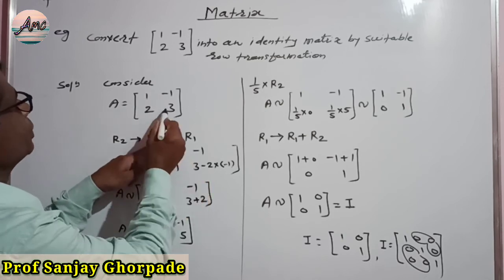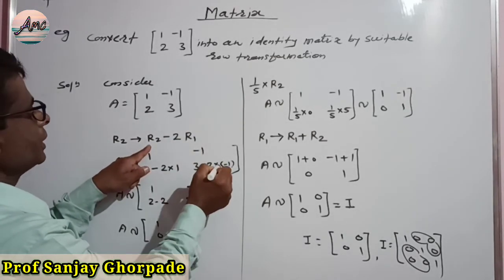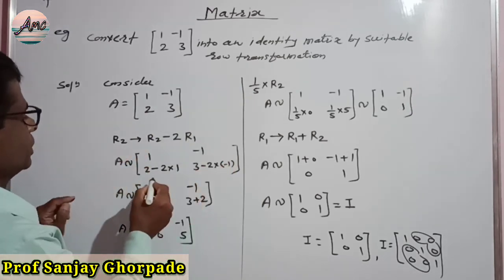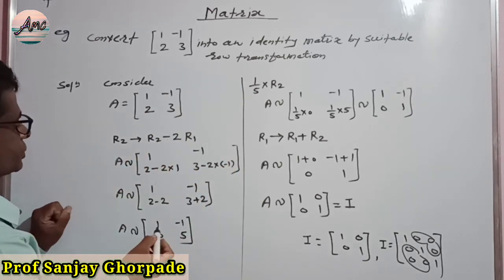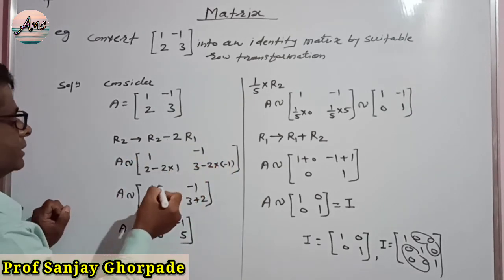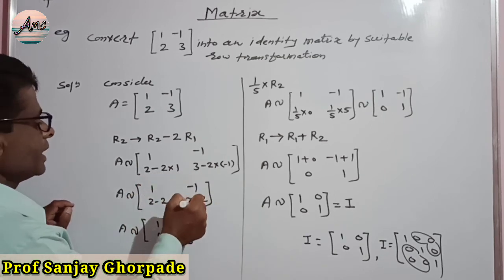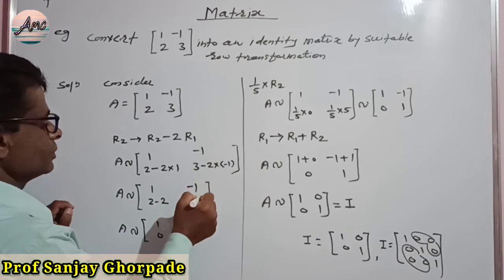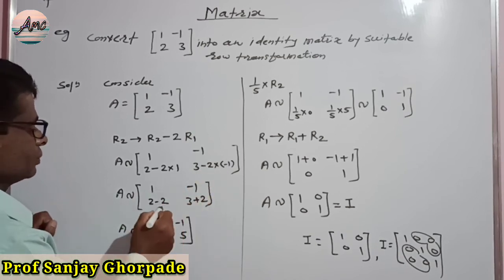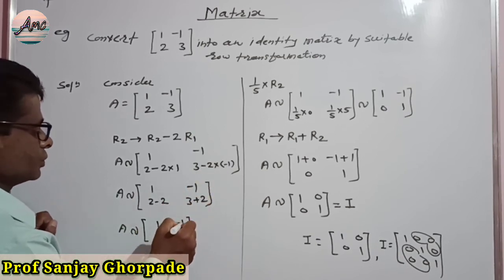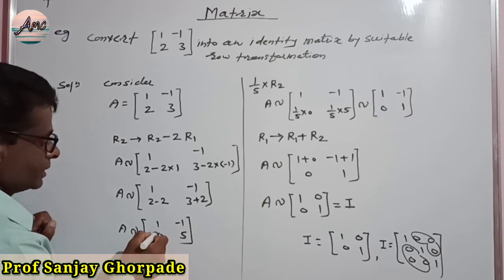Then again R2 is 3 minus 2 into R1, R1 is minus 1. Then the first row as it is, 1, minus 1. 2 as it is, 2 into 1 is 2. 3 as it is, minus 2 into minus 1 is plus 2. So 1, minus 1, 2 minus 2 is 0. 3 plus 2 is what? 5. So we made this element 0.